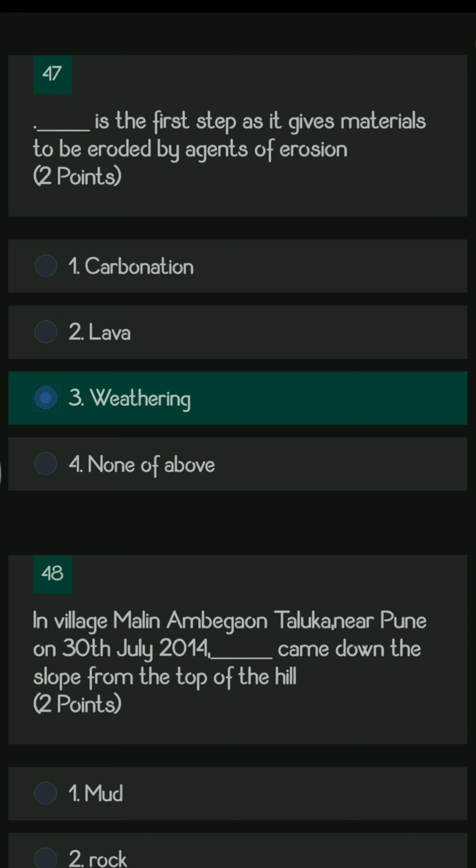It is transported. That is erosion. And after erosion, the particles are deposited. So that is called deposition. So always the process starts with weathering. It continues with transportation through the erosion process, and then it gets deposited with the depositional process.